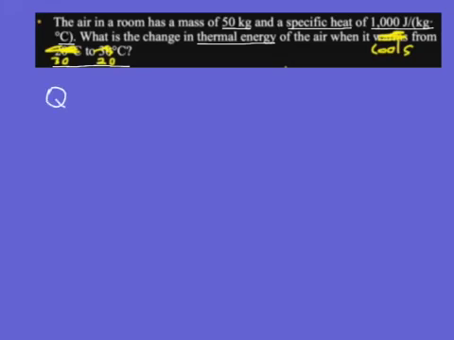Q, which is the thermal energy, we don't know that. And then M, mass, is 50 kg. And then the change in temperature. Since it's cooling, the number is going to be negative when you subtract these two numbers. So from the last slide, I said you should subtract the first number from the second number.